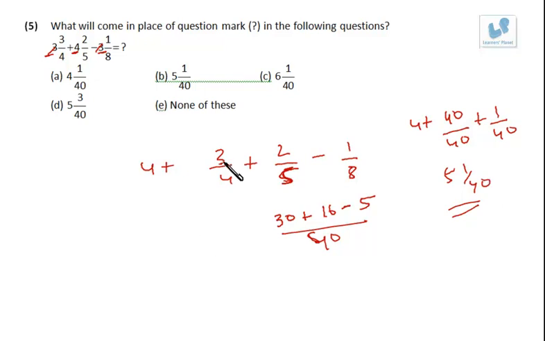Or you can solve it mentally also. See, 3/4 is nothing but 0.75, 2/5 is 0.40, and minus 1/8 is 0.125. So that can also be done, or alternatively you can go this way, right? But do not try to convert these mixed fractions into improper fractions, right? So the answer will be 5 1/40.